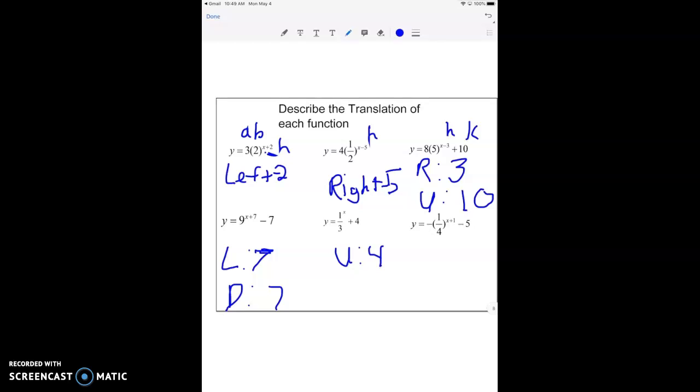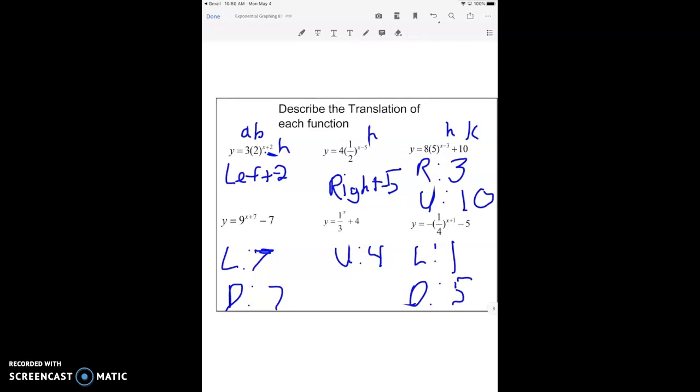And finally, here again I have an h and a k. h is +1, so really I want to think opposite, so left 1, and k is -5, so that would be down 5.